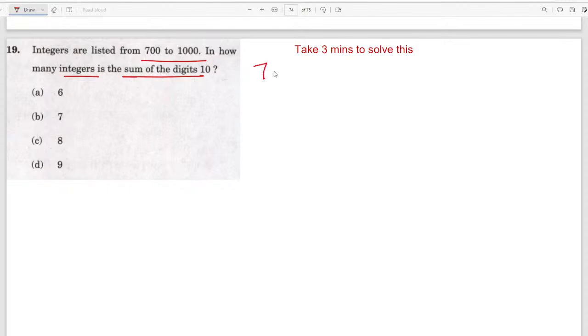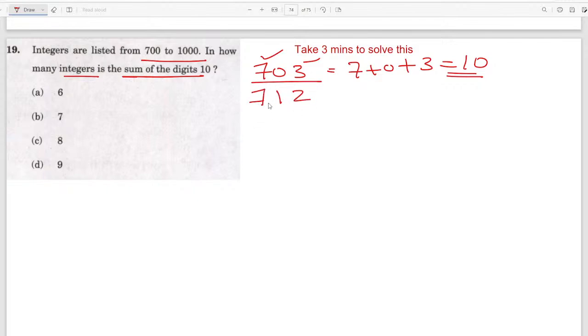For example, 703 is one number. If you add 7 plus 0 plus 3, this is equal to 10. And like this, how many numbers are possible? So we'll go in the order from the least to the highest. 703. After this, you have 712.